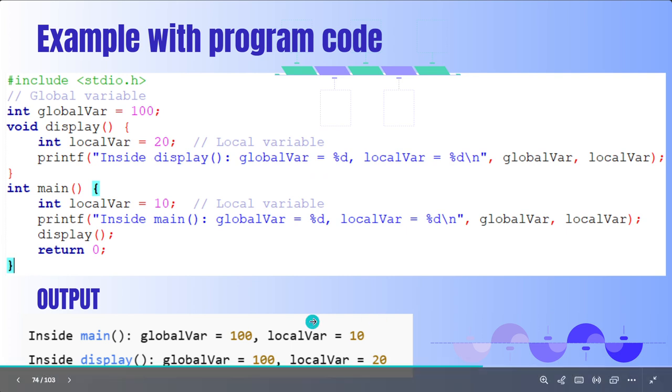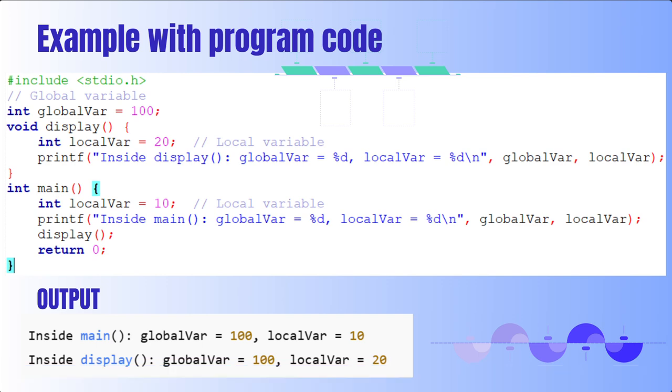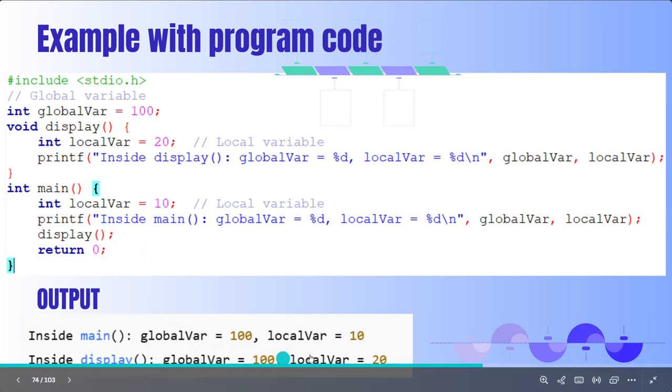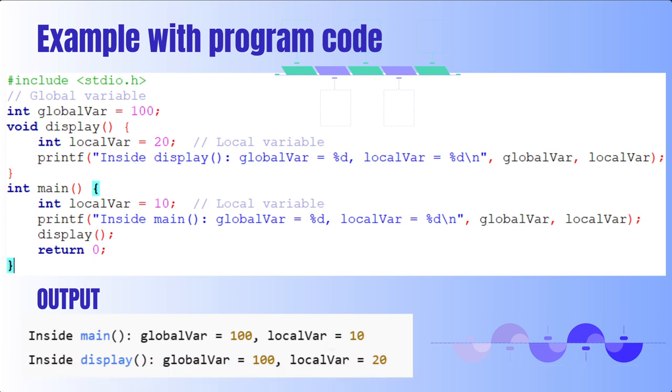In the main function, int local variable equals 10, and we print it. After we call the display function, we get 20, right? In the display function, global variable is 10, local variable is 20, and in the main function, global variable is 100 and local variable is 10. I hope this makes it clear.